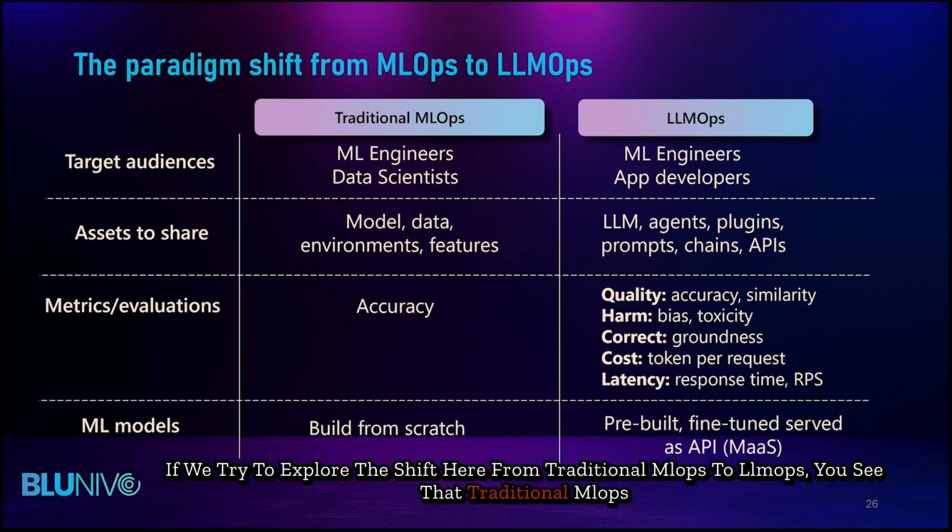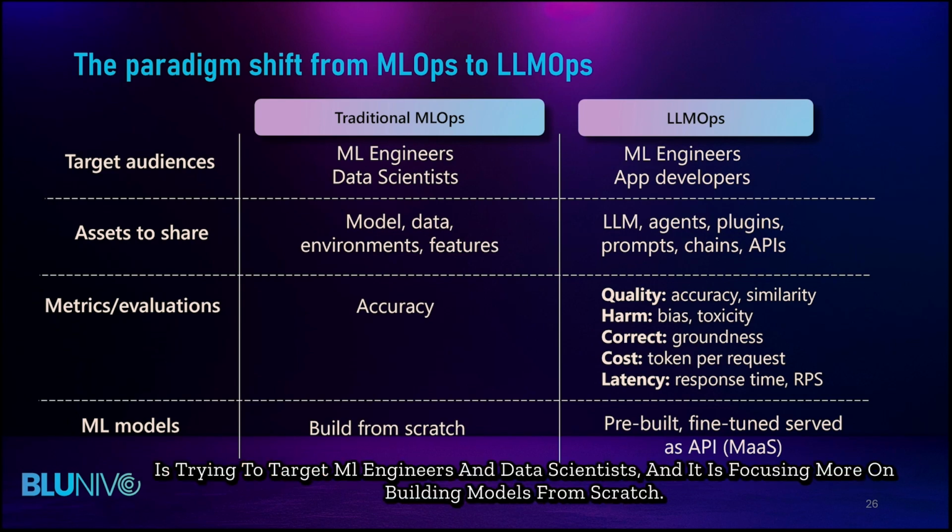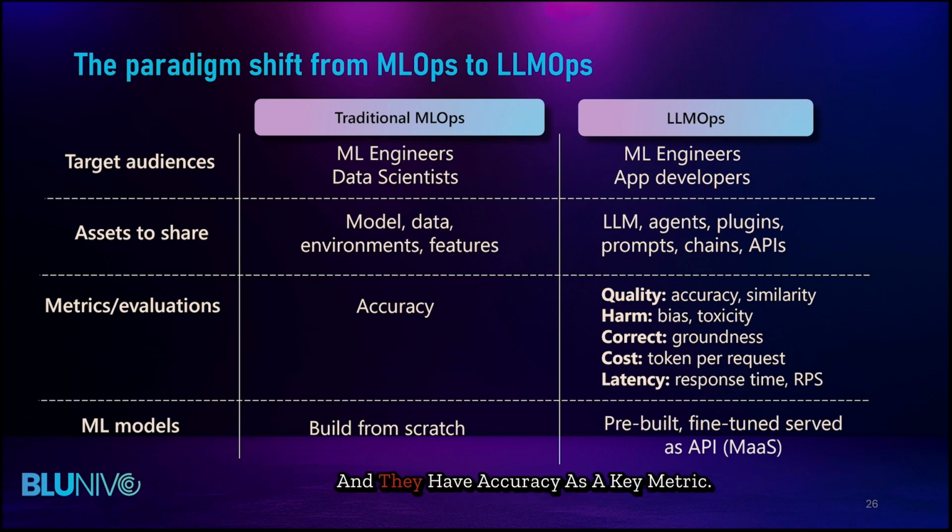If we explore the shift here from traditional MLOps to LLM ops, you see that traditional MLOps targets ML engineers and data scientists, and it focuses more on building models from scratch, with accuracy as a key metric.